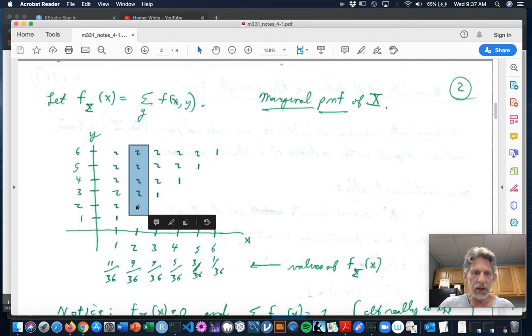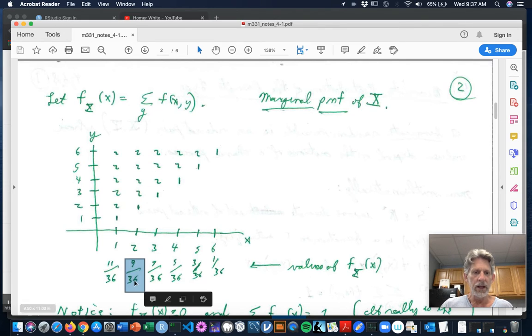And you would add up their probabilities. And here, again, I'm being kind of lazy. I'm just putting the numerator of the fraction for little f in the spot. And so I add those up and I get 11 over 36. Sorry, is that 11? No, that's an 8 plus a 1, which is 9 over 36, okay?